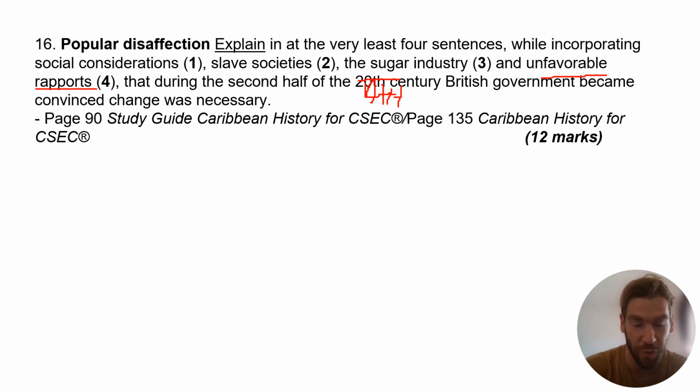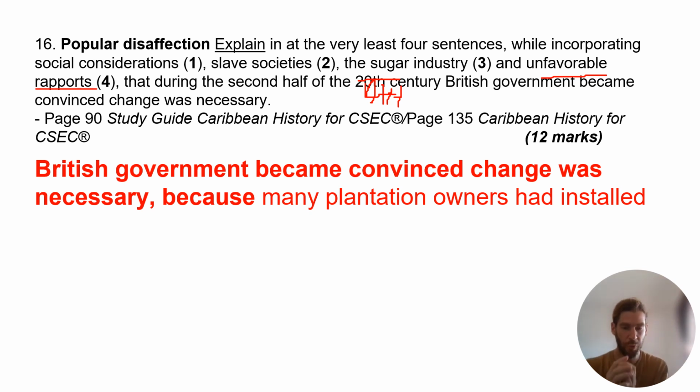Let's look at the answer to this specific question. First, we refer back to the main question: British government became convinced change was needed because. So this is a trick, but a very essential trick. You refer back to the question.